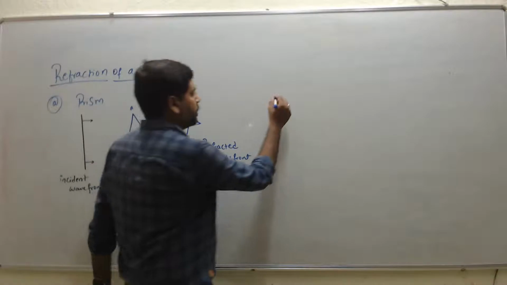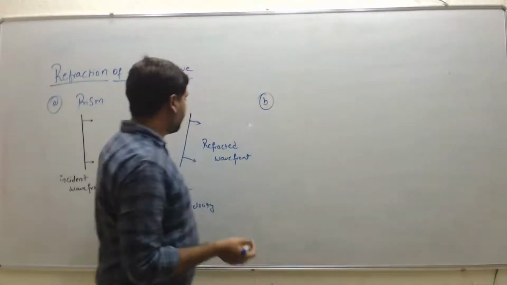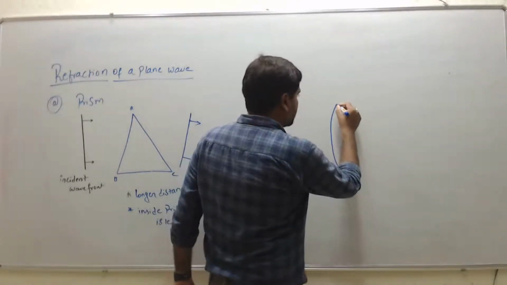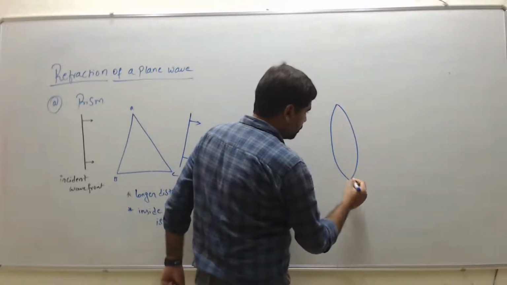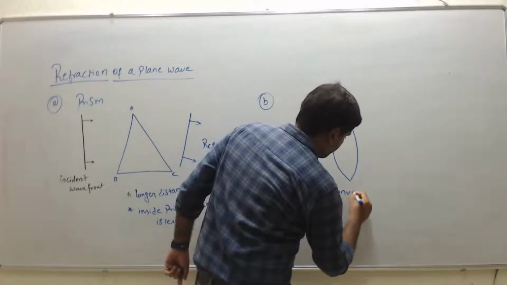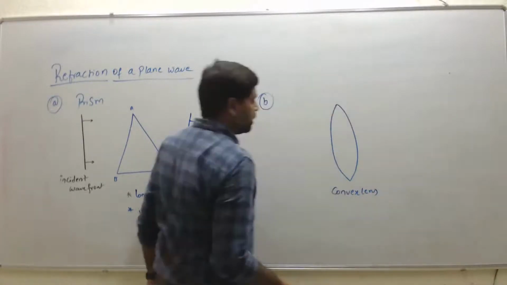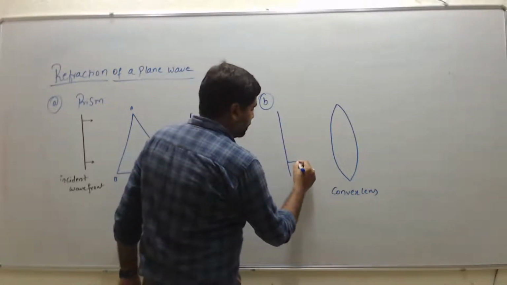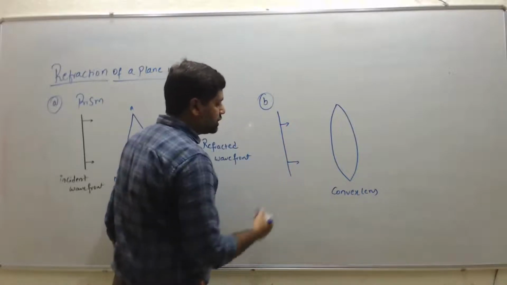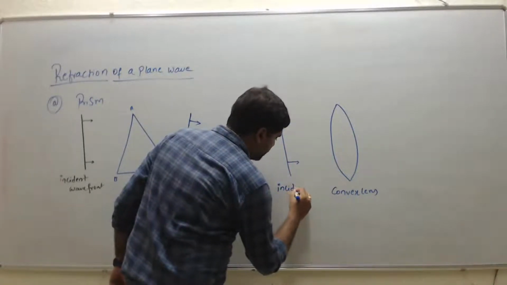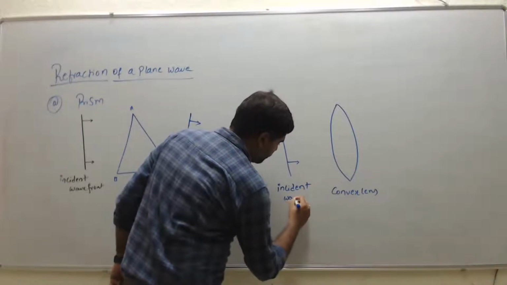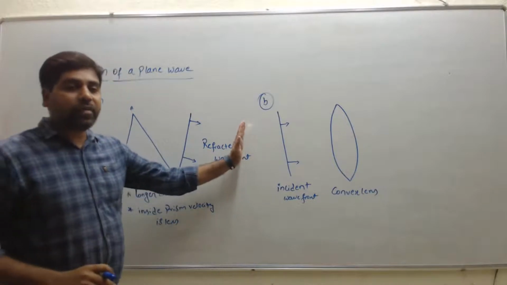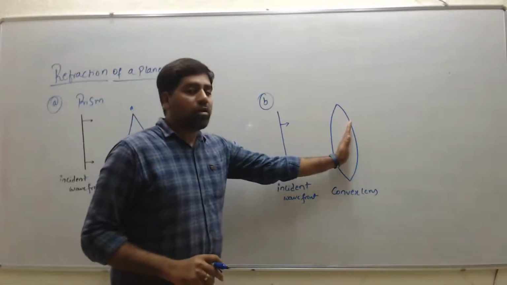So next, the wavefront which is incident on the convex lens. If we consider one convex lens, this one is the convex lens. Here we are considering one incident wavefront, and here also 2 points. This one is the incident wavefront. This incident wavefront passes through the convex lens.